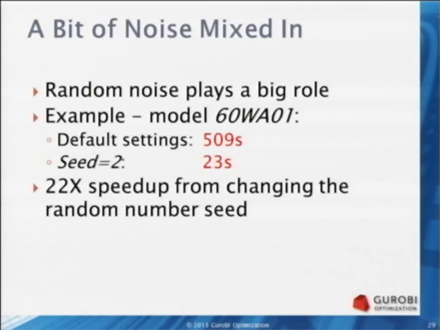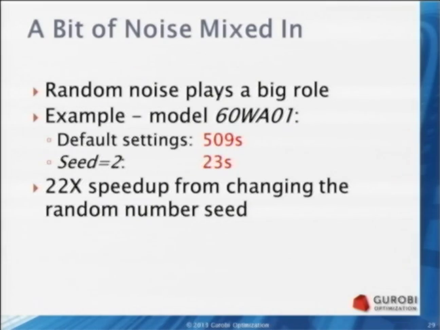Let me show you one result. There's a model 60WA01, where if you solve it using default settings, the runtime is 509 seconds. If you set the seed parameter to 2, runtime is 23 seconds. So a 22-fold speedup. What is this parameter doing? It's just changing the random number seed.